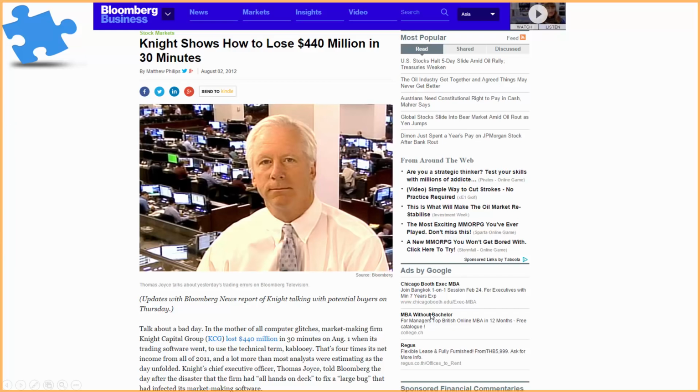And this was in 2012, when $172,000 a second was actually a lot of money. Considering the overall transaction size per trade is relatively small, this is a massive number of trades being executed. Knight are actually one of the biggest players, although they weren't so big right after this happened, because this $440 million was very close to their annual profits, I believe.